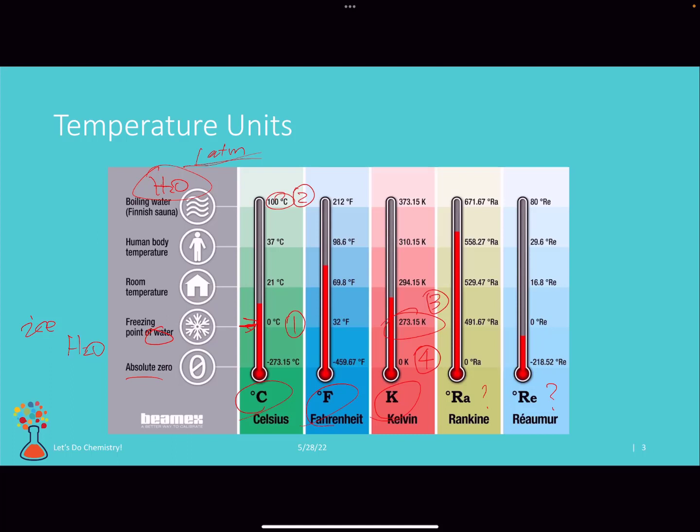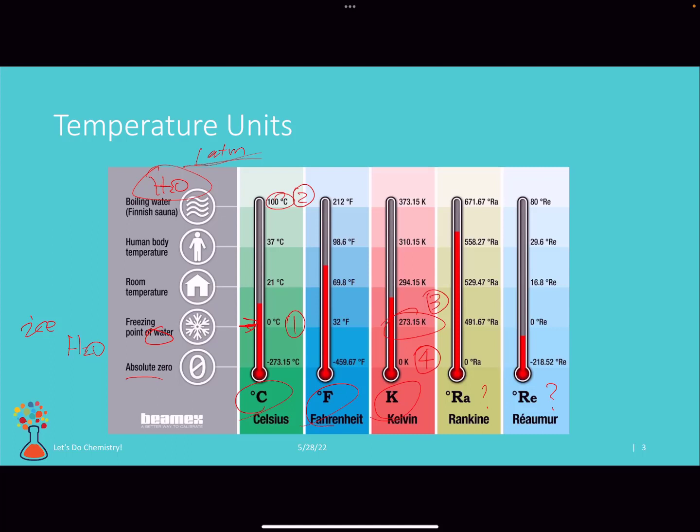What does that physically mean? Did you remember, we said temperature is the average kinetic energy. Kinetic energy describes how molecules or atoms move, right? At 0 Kelvin, nothing moves. It's absolutely frozen.